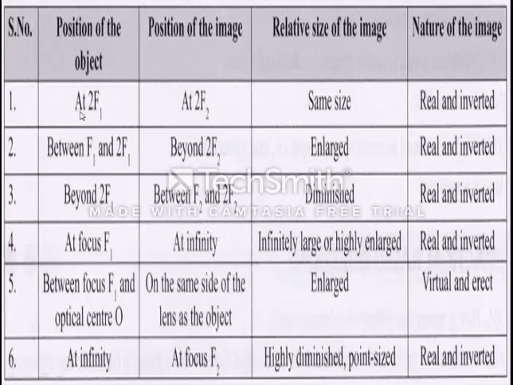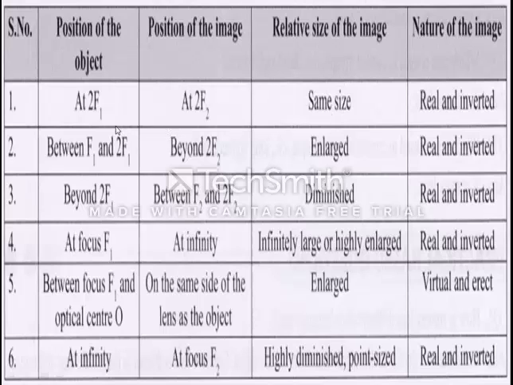So see here, if the object is at 2f1, meaning at c1, the image is forming at c2. Same as in the case of a mirror, where we have seen that when the object is at the center of curvature, the image is also forming at the center of curvature. Many times a practical-based question on this used to come in the board exam.